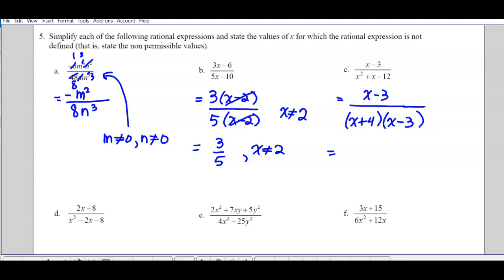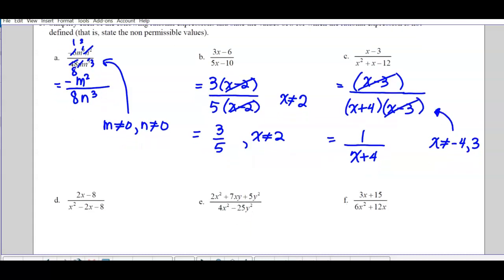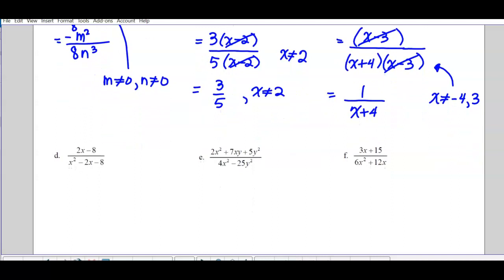So if you show your work, you can wait and state the restrictions in the last step, because you can go back and look at it. Those divide out. That's like having brackets around the whole numerator, right? So those divide out, left with 1 over x plus 4. And your restrictions are negative 4 and positive 3. You have to look back at that factored statement before simplifying. Next one's 2 is common.